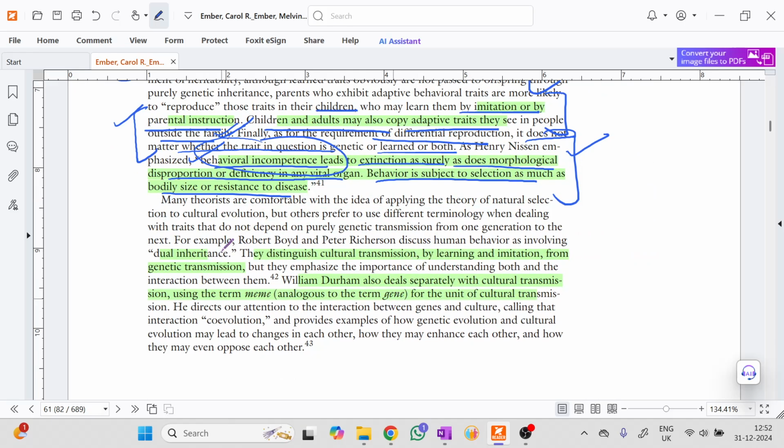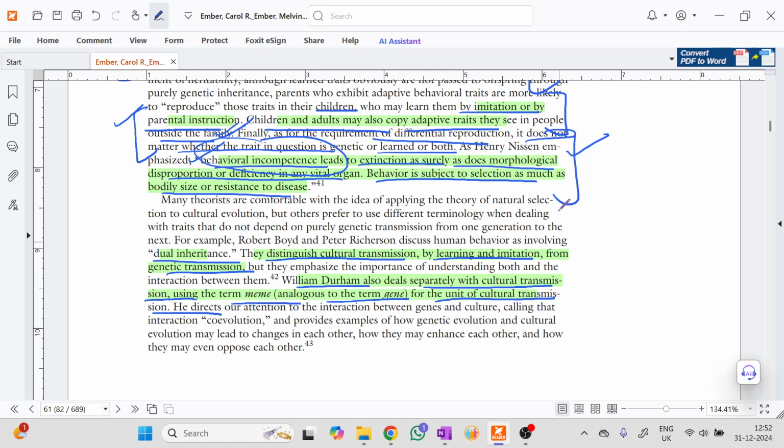Then let's see the dual inheritance theory. They distinguish cultural transmission by learning and imitation from genetic transmission. Here, William Durham also deals separately with cultural transmission using the term meme, which is analogous to gene, as the unit of cultural transmission.